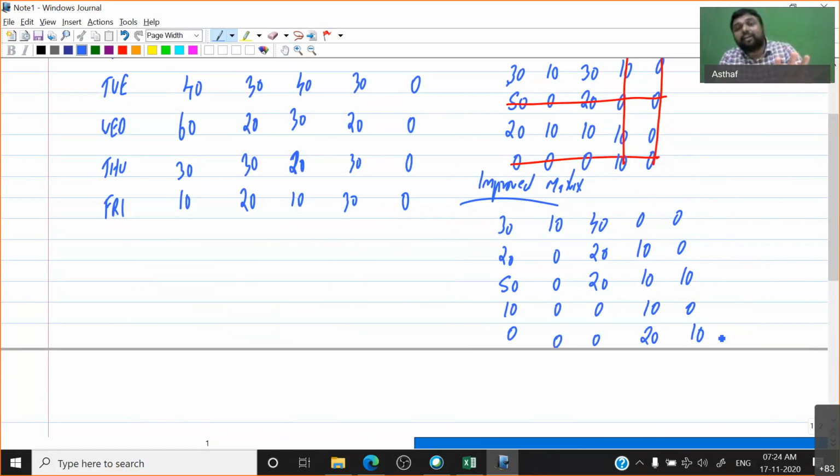Now these numbers we have to allocate. So how will we allocate? I know you are ready. We will start. We have to cross with the minimum lanes. So we will do it. Here we have 4, here we have 2.